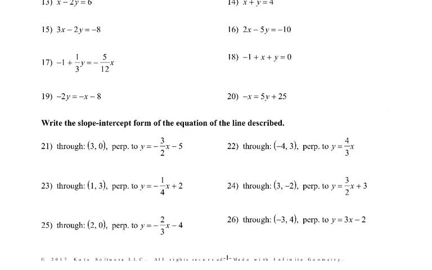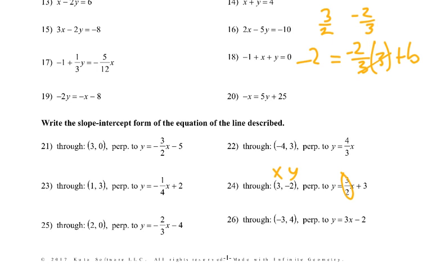Okay, for 24, same idea. My x, my y. Slope of 3/2 would turn into negative 2/3. So I'd go y equals negative 2/3 x plus b. We don't know what b is, so y becomes negative 2, x becomes 3, and we can solve for b.